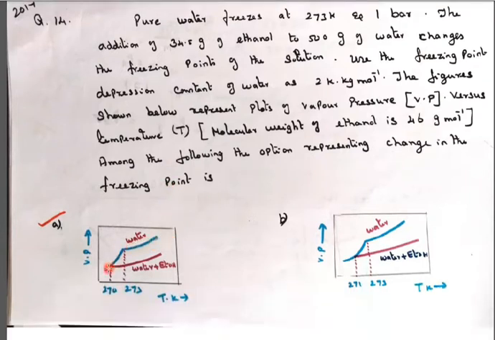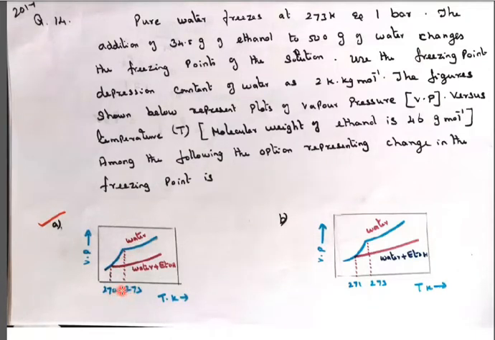They are given now. The blue color is the solvent, water, and the red color is water and ethanol. The freezing point of water is given as 273.